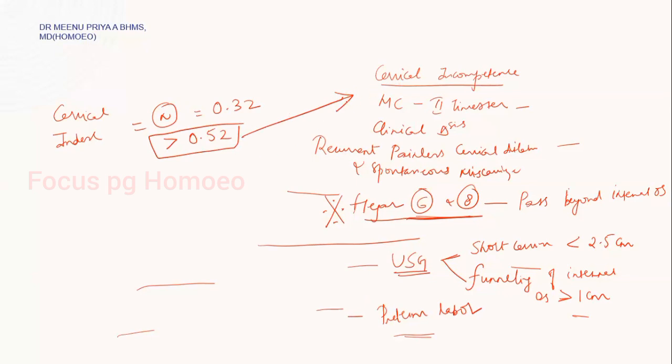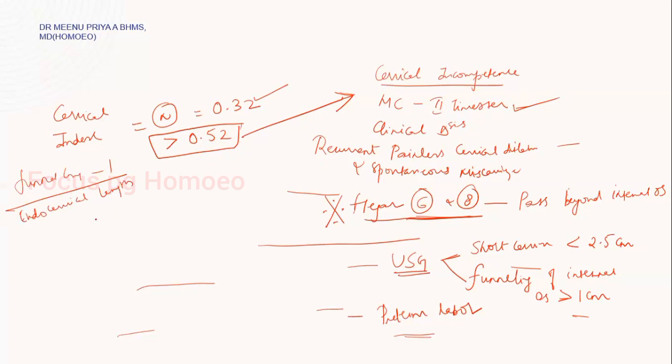That is why it is an important condition, and in second trimester abortion, chances of abortion are more in cervical incompetence. How is the cervical index calculated? The funnel length minus 1 divided by the endocervical length, and normally it is 0.32. If it exceeds 0.52, it confirms a case of cervical incompetence.